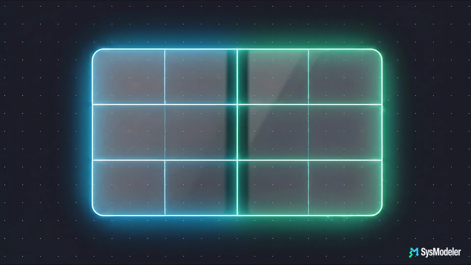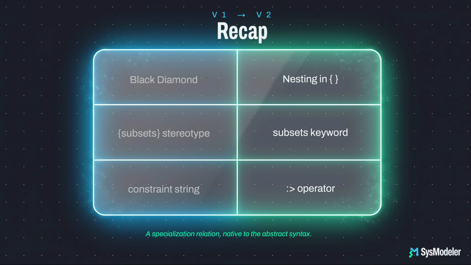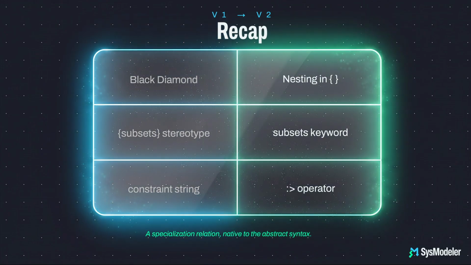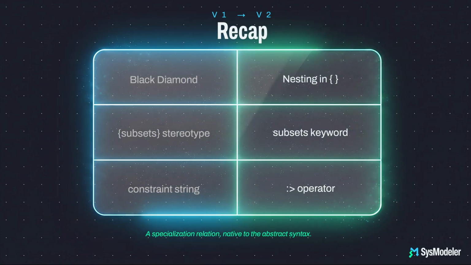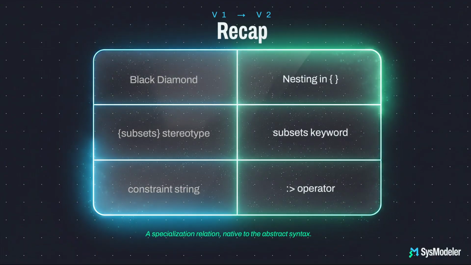Before we wrap up, a quick side-by-side recap with v1. While v1 primarily used the black diamond line on diagrams to show ownership, v2 provides textual nesting inside curly braces as a perfectly equivalent alternative.